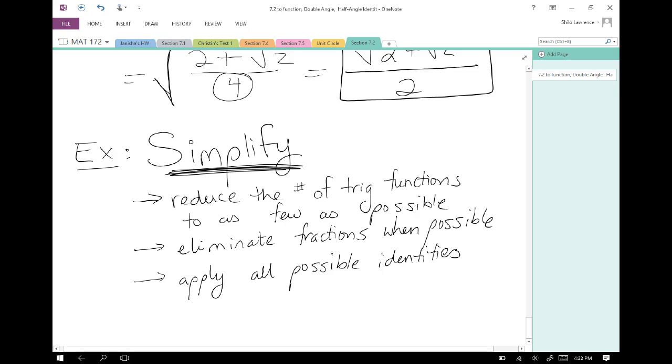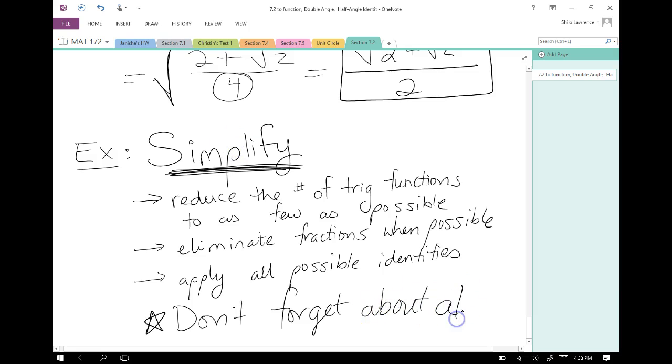And for a lot of these simplifying problems, don't forget algebra. There's always going to be some algebra to do. There's always going to be some multiplication or some division, things like that. Yes, this is trig class, so there's going to be some sort of trig to do, but there's also going to be some algebra to do.